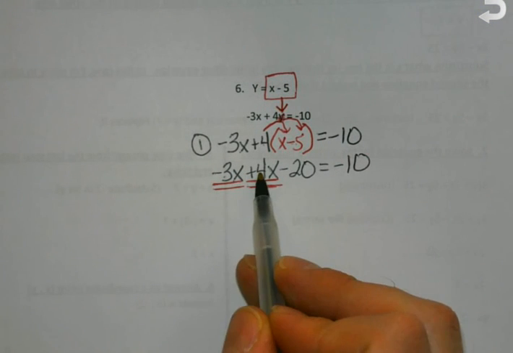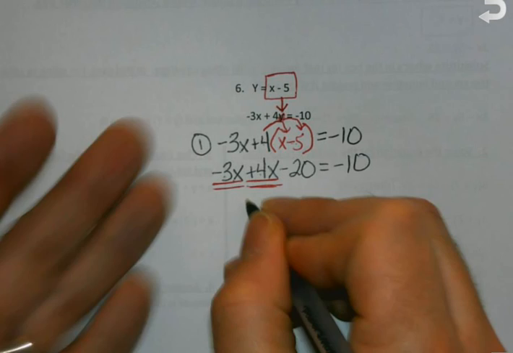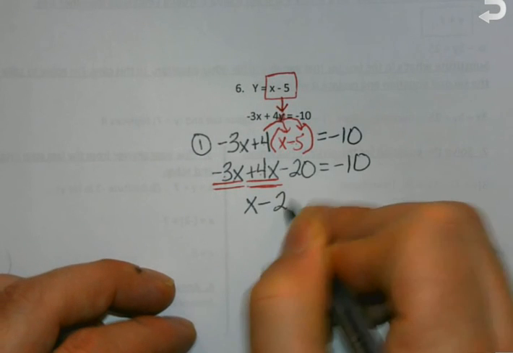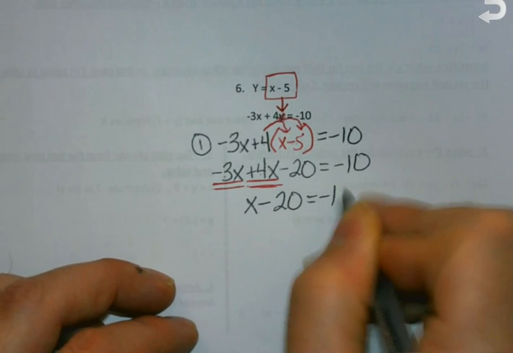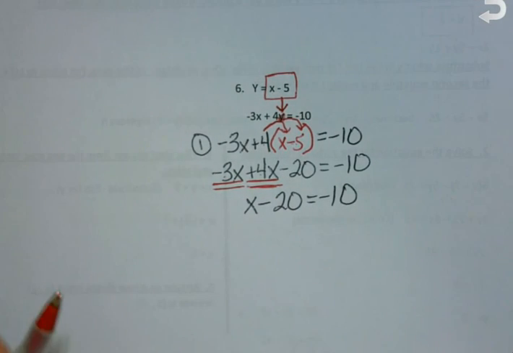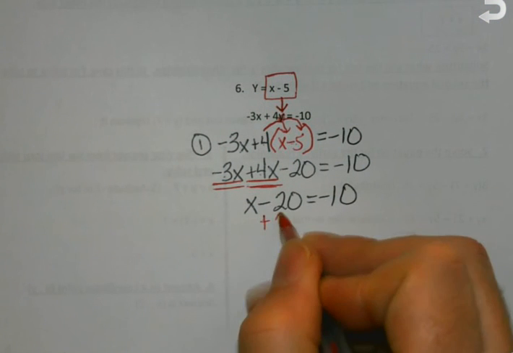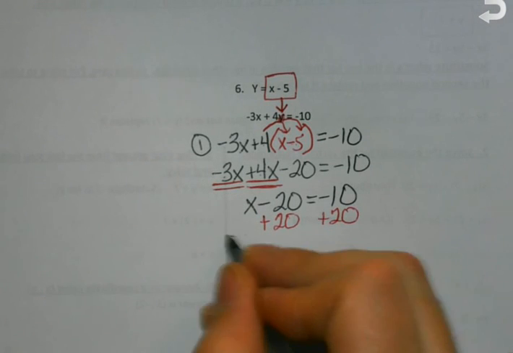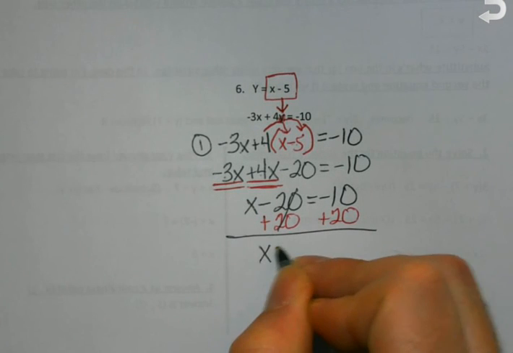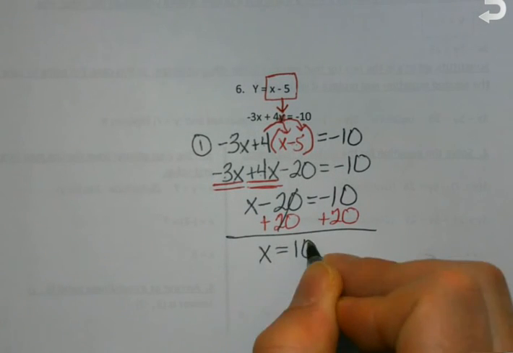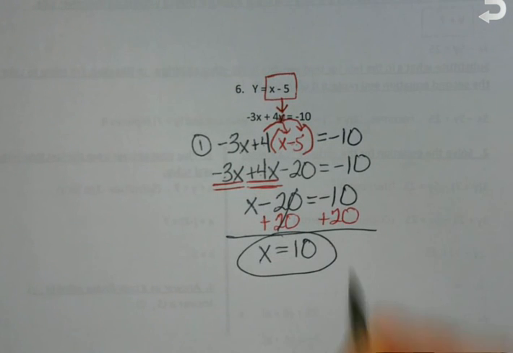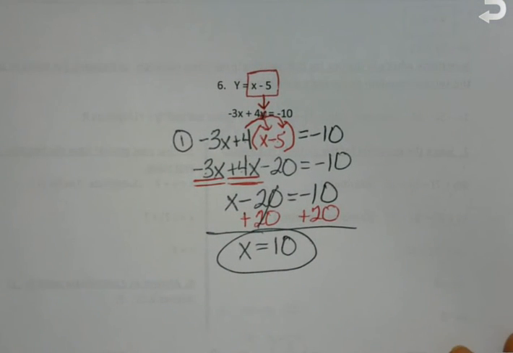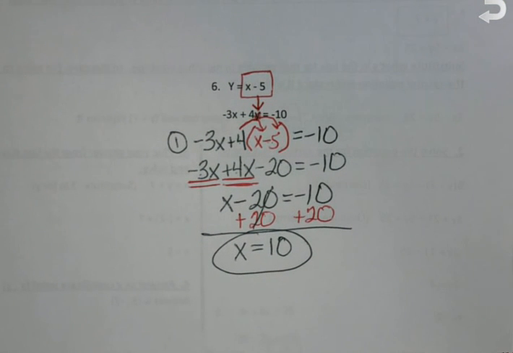Negative 3 plus 4 is just 1 for plain old x. You can put the 1 if you'd like. And my only step left now is to do the opposite of minus 20. Just add to it. And I'm good.